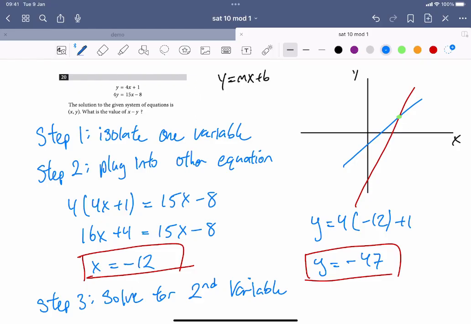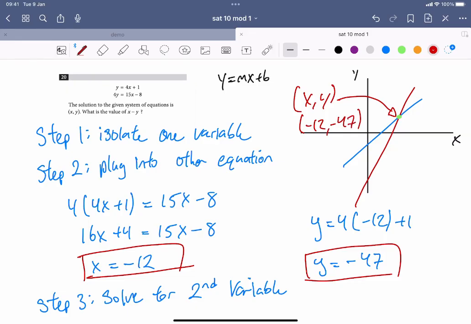It simply means that the coordinates x, y is a point at which these two equations intersect. It means it is this point where they intersect. And we found it to be minus 12, minus 47.